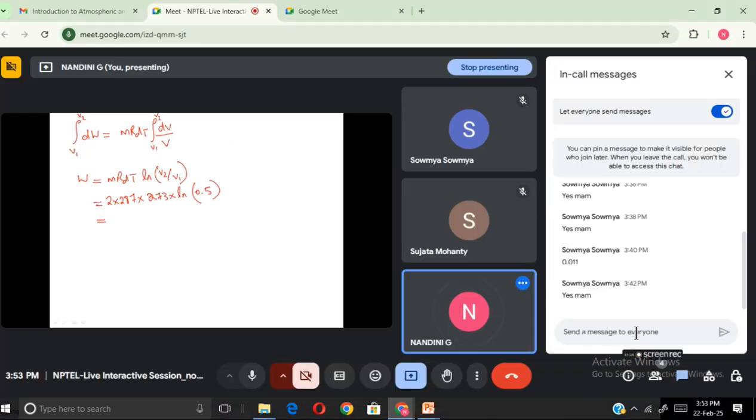How much are you getting for the value of work done?